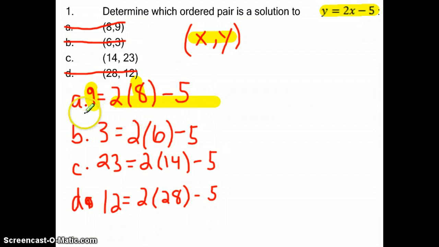And for part B, doing the same thing, we plug in our 6 for x, and once we solve the equation we should have got our y value of 3, which we did not. In part C, when you plug in 14, we get 2 times 14, which is 28, minus 5, which is 23. So our correct answer here is C, (14, 23).